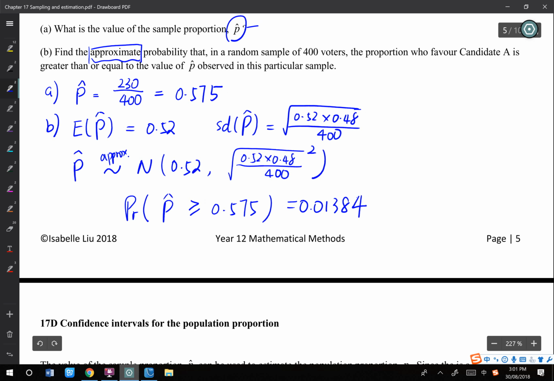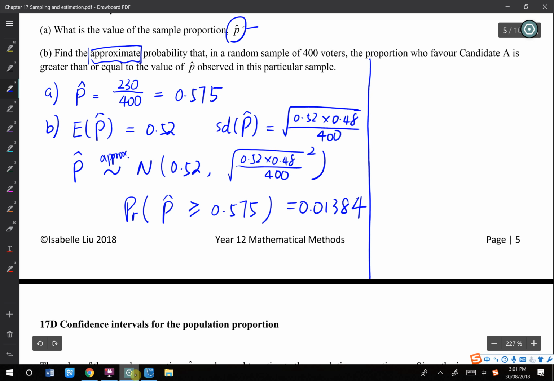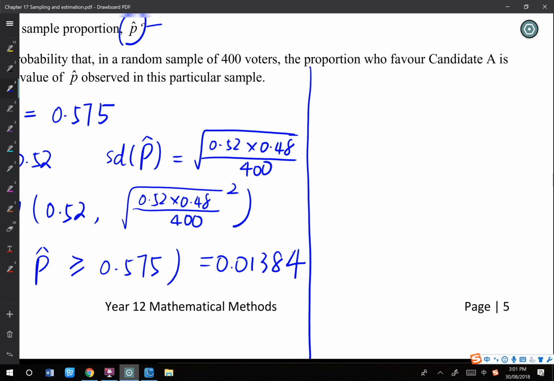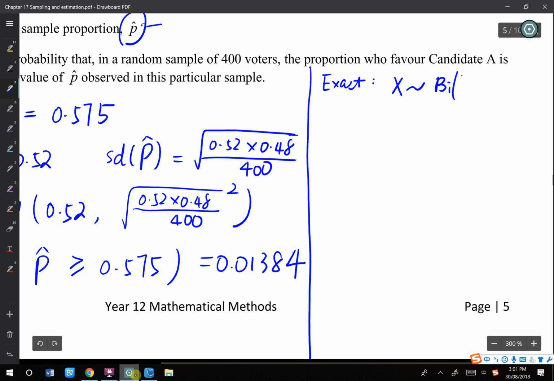Well, this is the approximate probability. But if you think about the exact probability, you say X is how many people in the 400 sample will vote for candidate A, and that's a binomial distribution with 400 trials and 0.52 success rate.